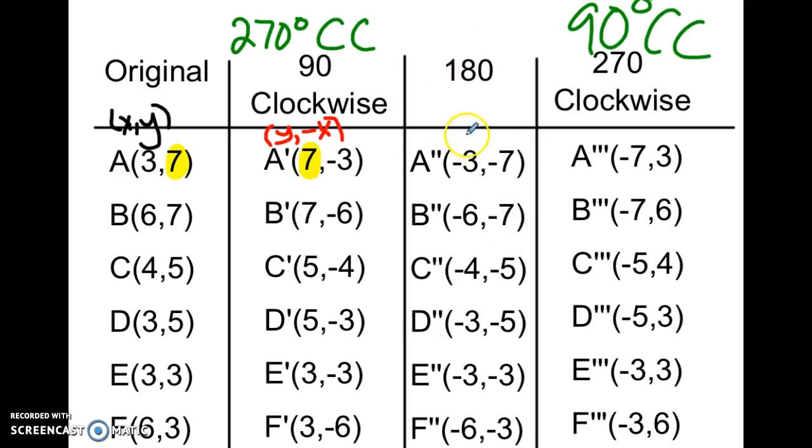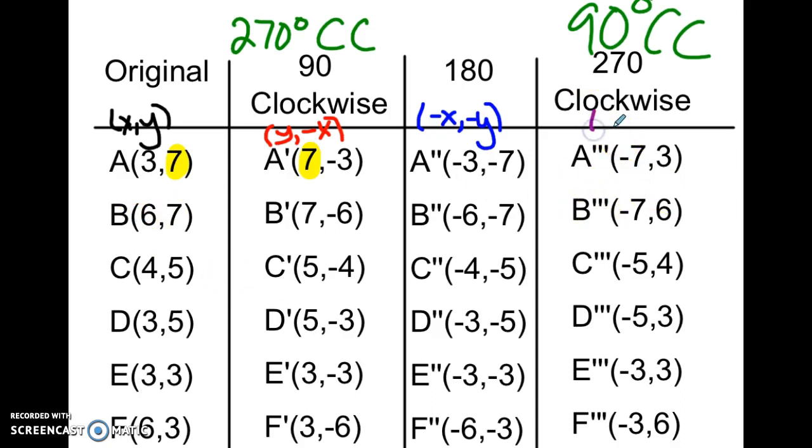Looking at 180, I've got 3, 7, -3, 7, 6, 7, -6, 7, 4, 5, -4, 5. So it looks like things are in the same order, but I'm just looking at the opposites. So that's -X, -Y. For a 270 degree rotation, let's see, 3 goes in back, 7 changes sign. 6 goes in back, 7 changes sign.